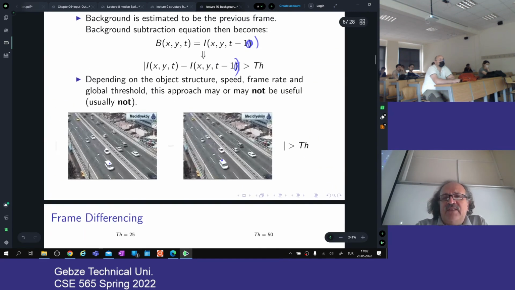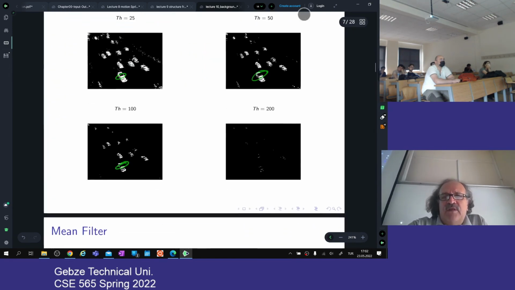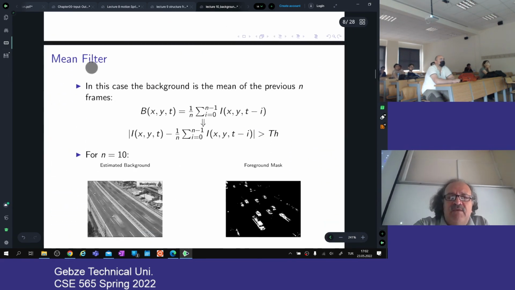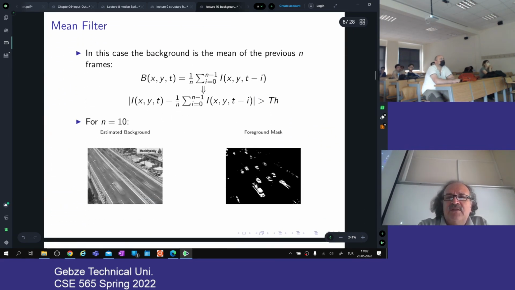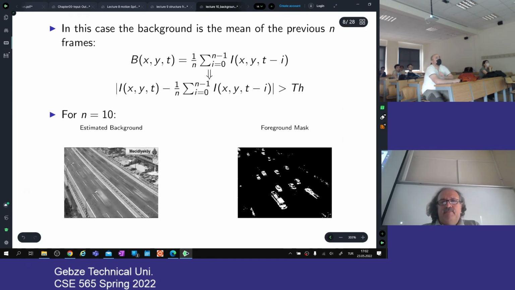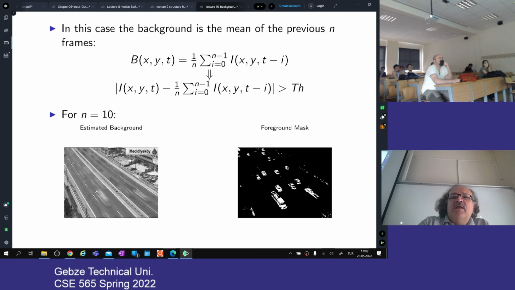Another alternative is, don't take this as your background image, but use a mean filter. What's a mean filter? Take the mean of, for example, 50 frames, or the mean of, for example, 10 frames.